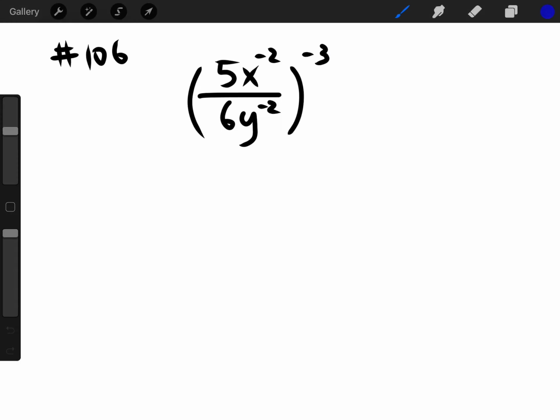All right, so for this next one, you have to understand that this negative is going to help you flip the fraction. The first thing you want to do is the whole thing is going to get moved, flipping.